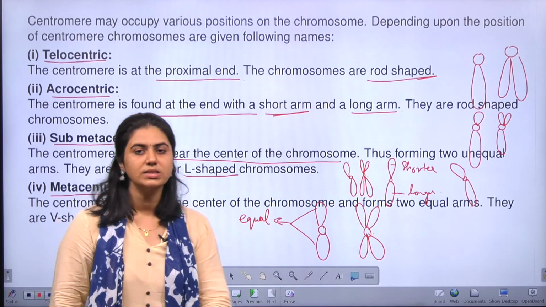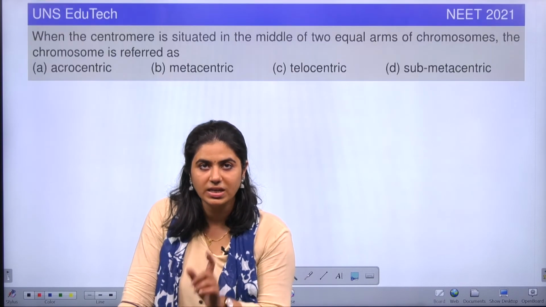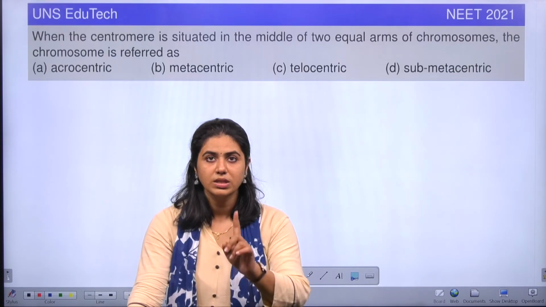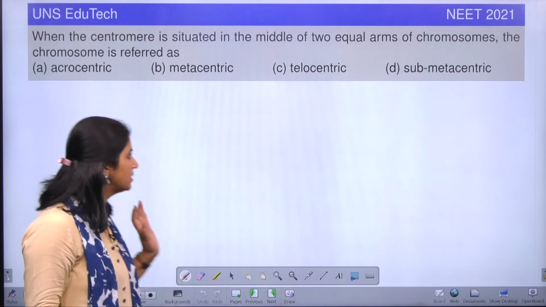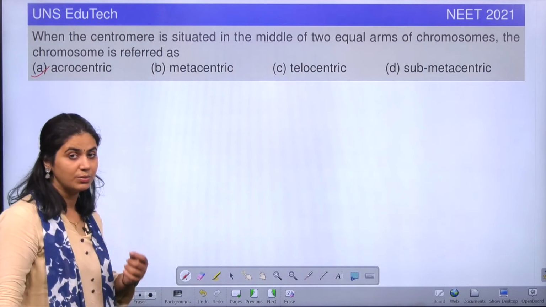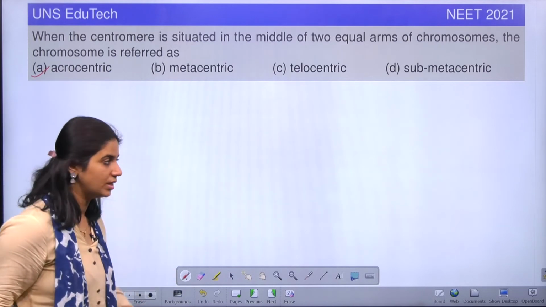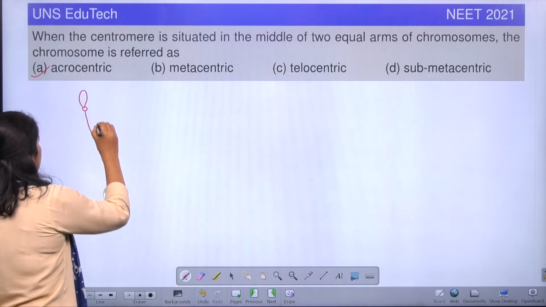Now let's go back to the question. The question was, when the centromere is at the middle of the two equal arms of the chromosome, it is called. Let's see the options now. The first option is acrocentric. What was acrocentric? It was somewhat near the proximal region, so it has a shorter arm and a longer arm.